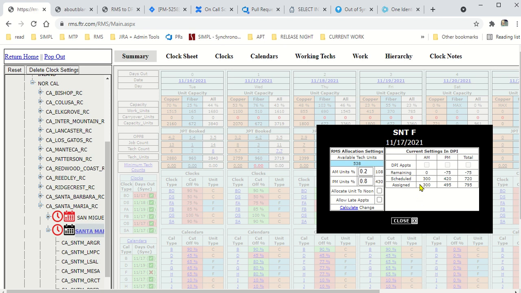So there's scheduled, and then minus 165. Maybe there's like 40 units left, something around 45, which may turn into like 40. Oh, I'm sorry. I'm looking at the wrong one. Okay. So there should be 0 remaining.